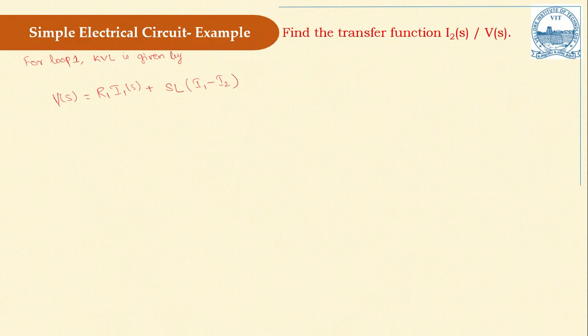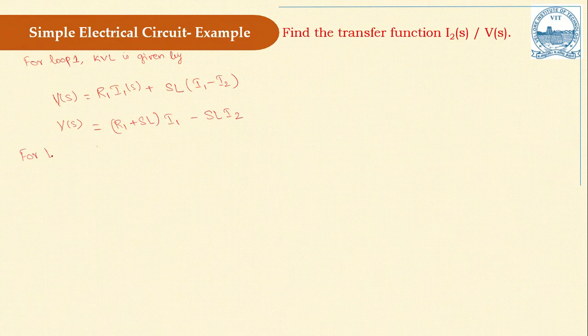Okay, and when it comes to the second, for loop 2, we have this. Before that, let me rearrange this by combining the like terms. So let me take it as V of s is equal to R1 plus SL into I1 minus SL I2.